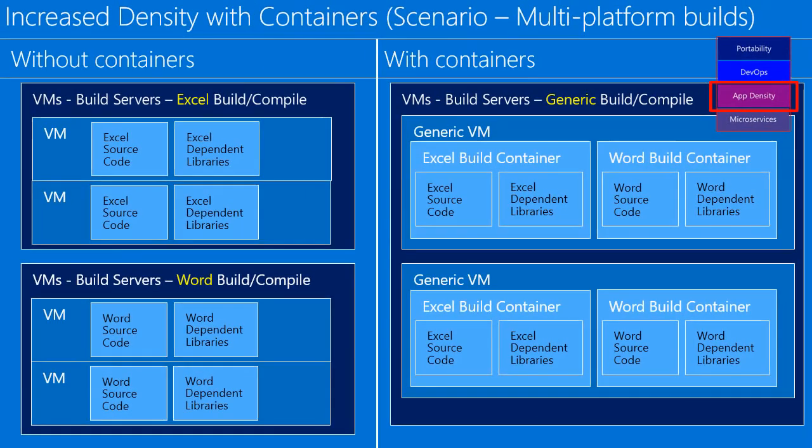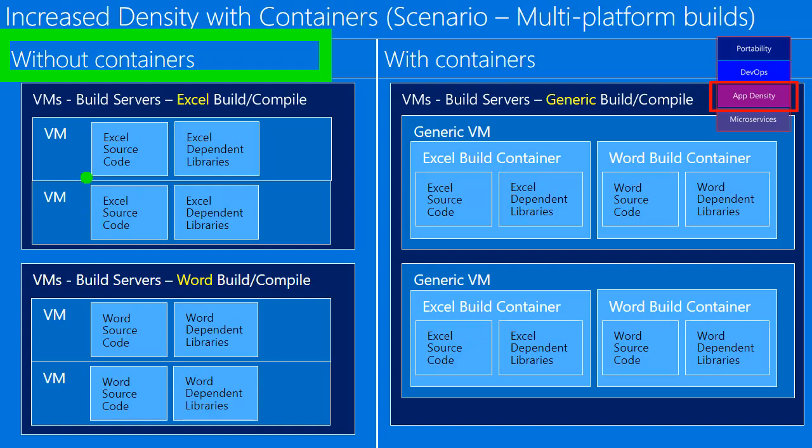There's a lot of evidence to support that companies successful at DevOps enjoy many benefits. Now there's a lot going on in this slide, but let's not get intimidated by all this. Let's once again describe some of the reasons why app density can be high here. Notice, for example, that in the traditional world without containers, that's the left side of this diagram, we have a couple of build servers that are, say hypothetically, the way Microsoft builds out Excel, how it compiles Excel.